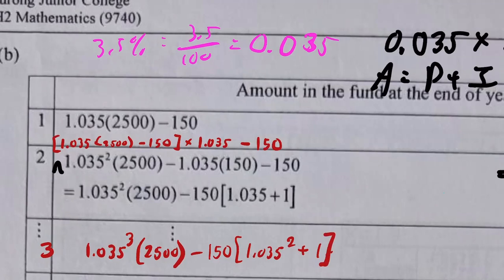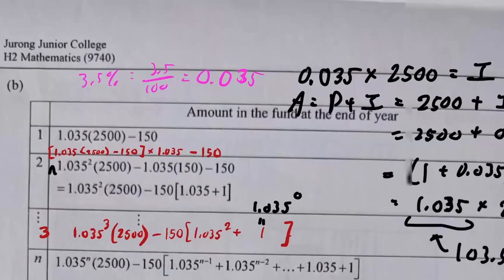Come on, we need a geometric series, right? So definitely your power must go one by one. Suddenly power 2 drops to power 0. Right, this is 1.035 power 0. Sorry, bad handwriting, let me try again. This is plus 1, so this is just 1.035 power 0. 2 suddenly drops to 0. Doesn't make sense. Okay, let's just work it out.